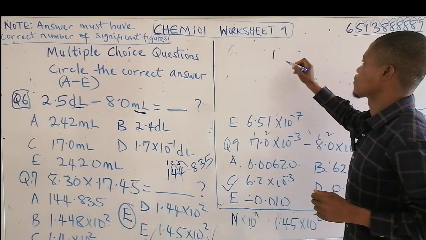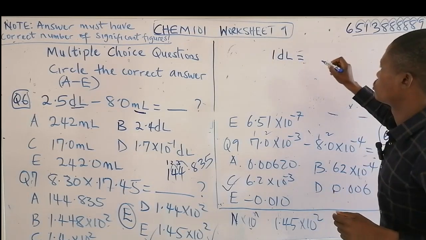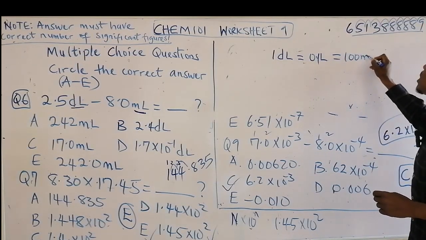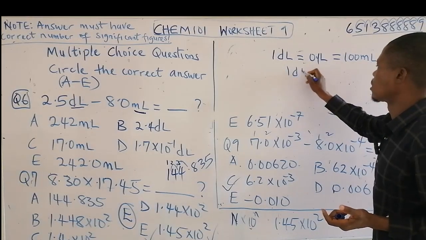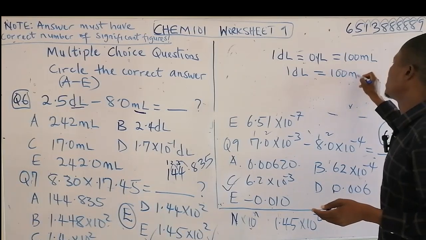That's 1 DL is equal to what? Is equal to 0.1 liter, and that's equal to 100 milliliter. Exactly. If you're not sure, we are saying 1 DL, 1 deciliter is equal to 100 milliliter.